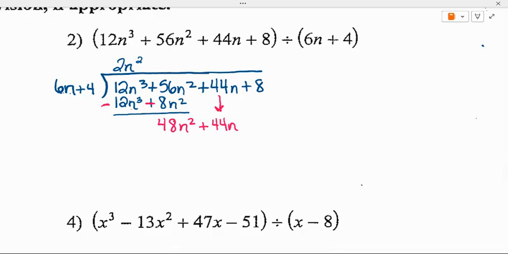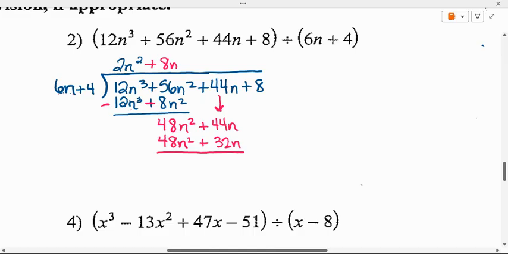Hayden, what do I multiply 6n by to make it equal 48n squared? 8n. 8n. So 6 times 8 is 48. N times n is n squared. So there's my 48n squared. And 8n times 4 is a positive 32n.